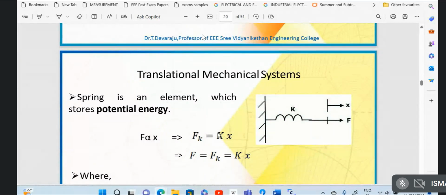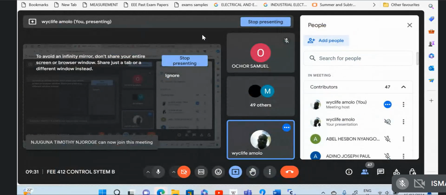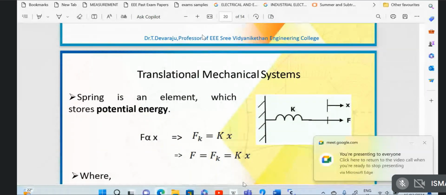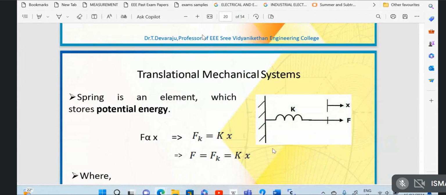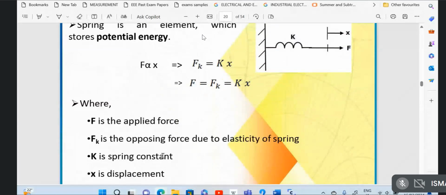Therefore, the expression is: f is equal to fk, which is kx, where f is the applied force, fk is the opposing force due to the elasticity of the spring, k is the spring constant, and x is displacement.